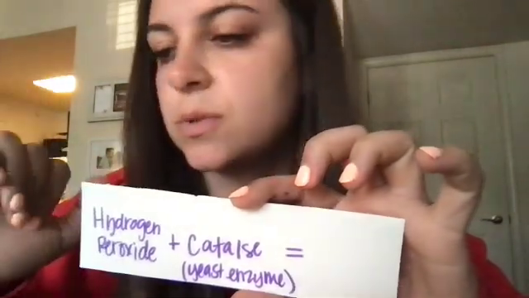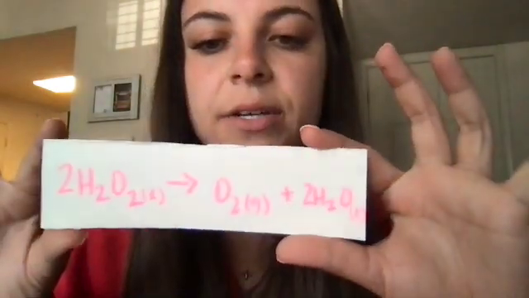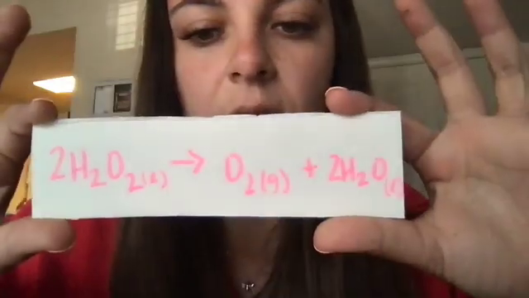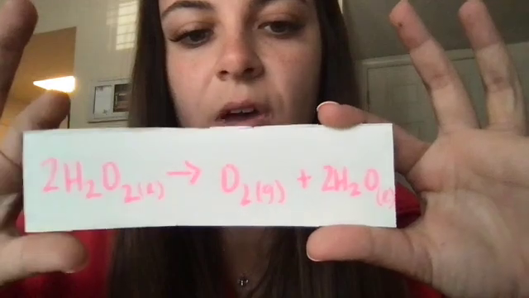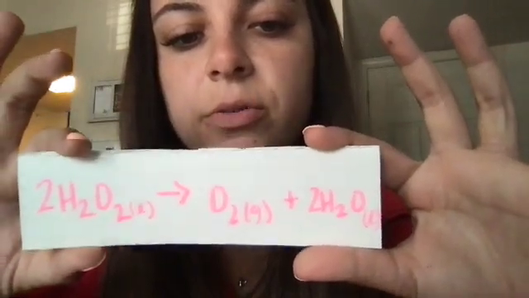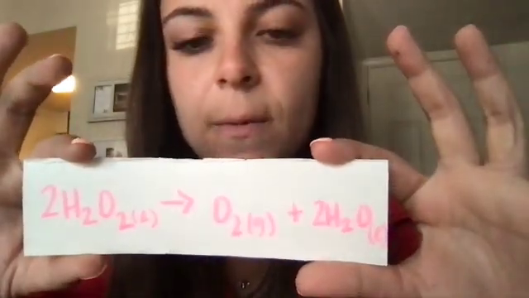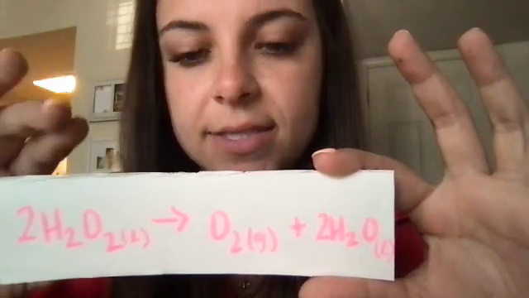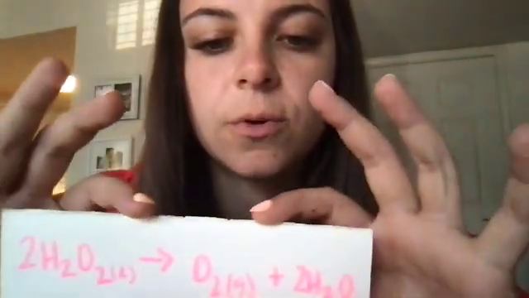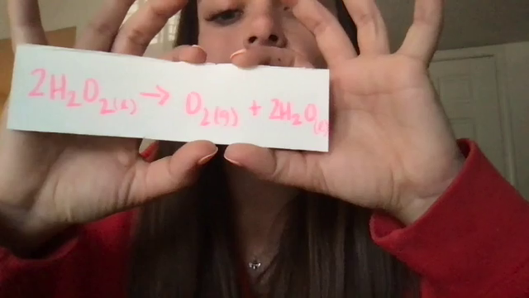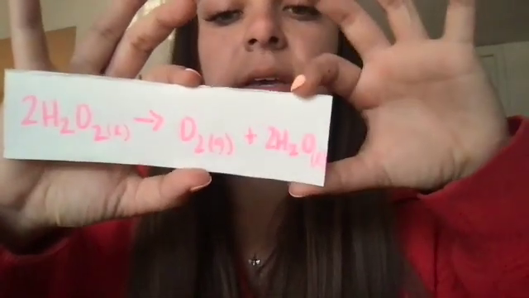Catalase is what it's supposed to say, and that's our yeast enzyme. Here is that decomposition reaction where we've got our H2O2 and then our catalase creates a reaction with release of O2 gas and water.